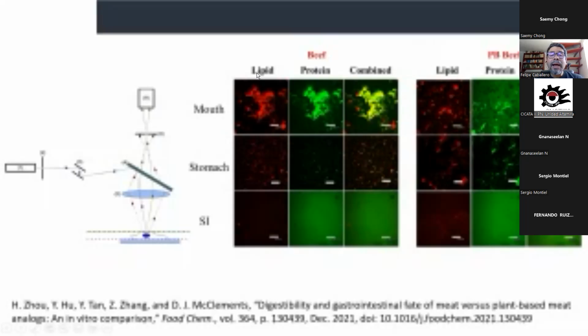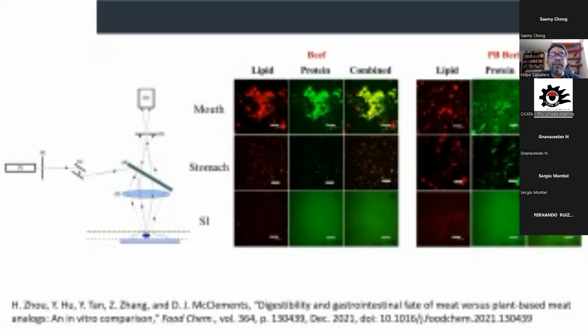They are observing the lipids and a red color absorbed on the proteins. You can do the separate images and then the combined image. You can see how the lipids and proteins are combined in the natural beef in the mouth.